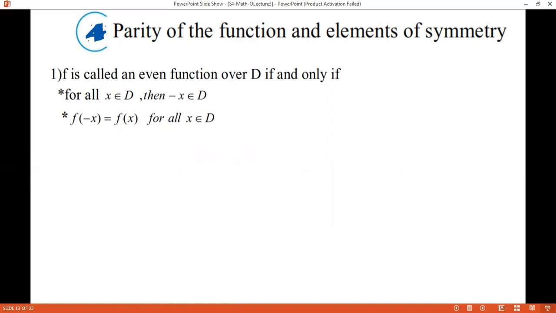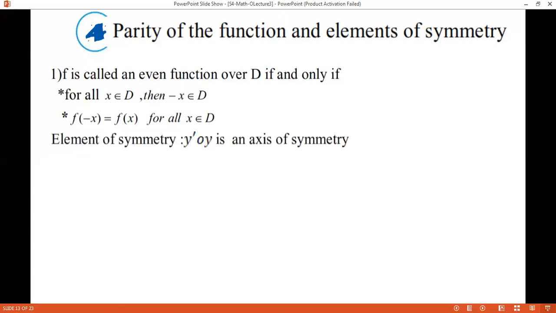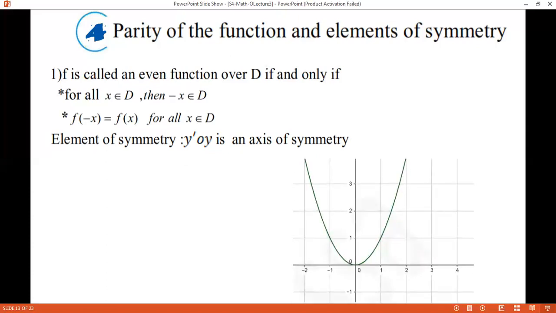It should give you the same function, then it's an even function. And if it's an even function, then its element of symmetry is that the y-axis is an axis of symmetry. So if it's an even function, then it has an axis of symmetry. We are going to take an example. Look at this curve, okay?